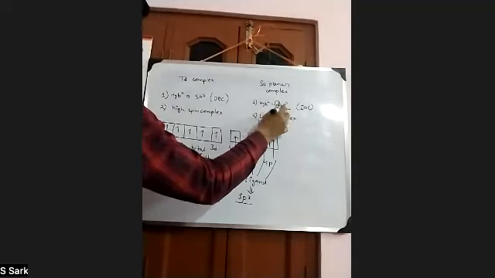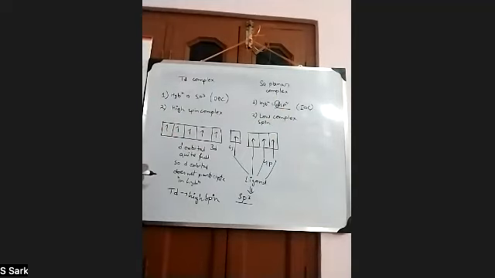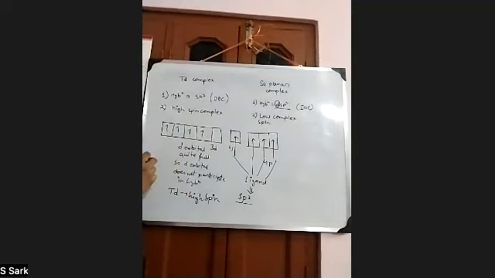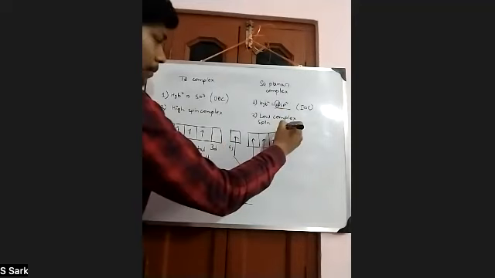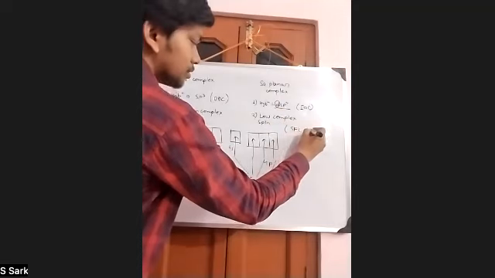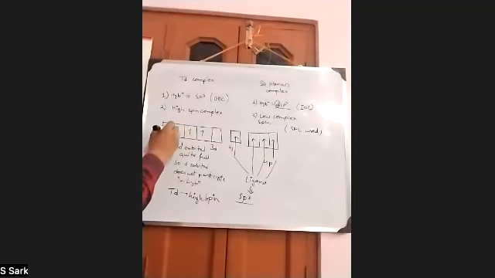So in case of a square planar complex, in most cases strong field ligands are used, and these d electrons are quite paired.